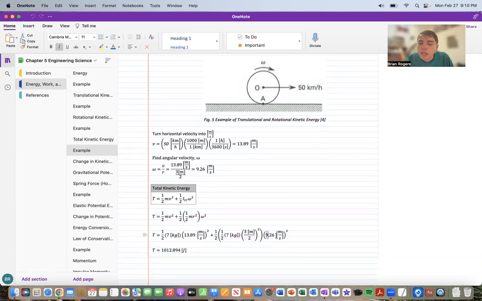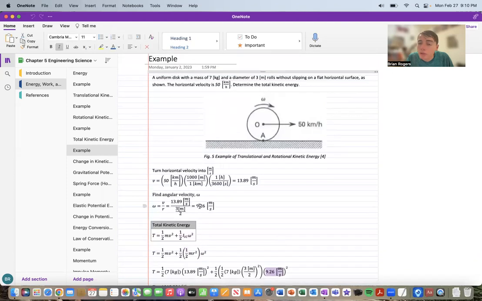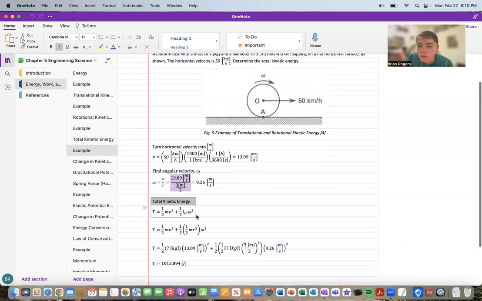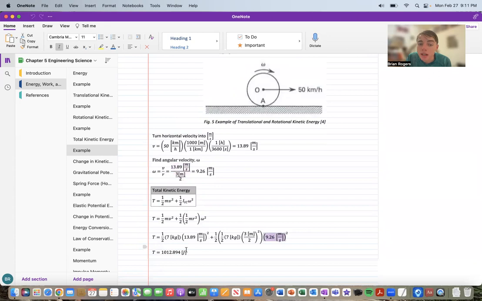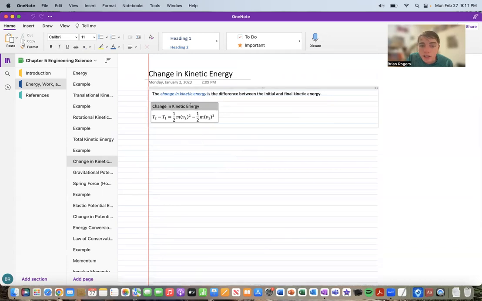And our omega in this problem, if you notice, we were able to calculate by taking our horizontal velocity and dividing it by the radius of the disk. And so plugging that in for our angular velocity, we're able to get a total kinetic energy of 1,012.894 joules.